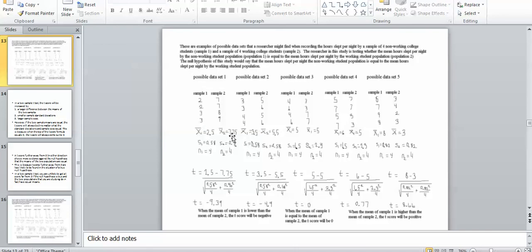Meaning you can make a conclusion where you extend what you see with your samples to the populations that the samples come from.